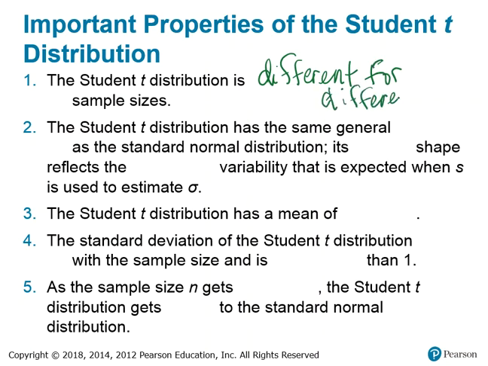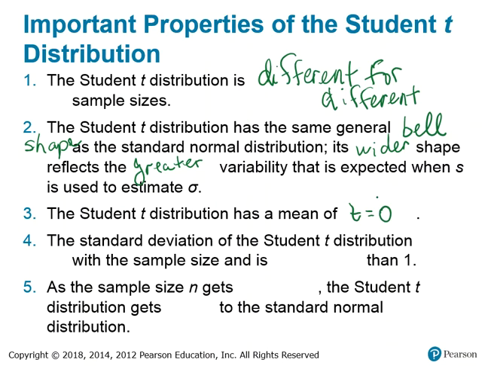The student t-distribution has the same general bell shape as a standard normal curve, but it is wider and it reflects greater variability, which means it affects its standard deviation. It does have a mean of t equals 0.